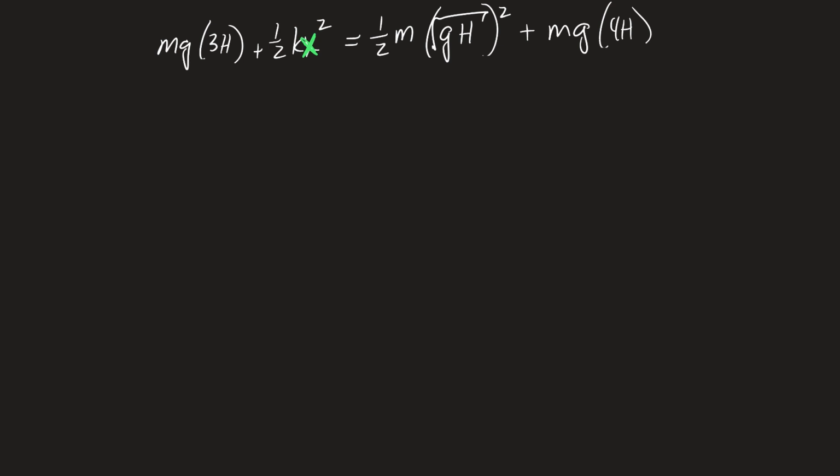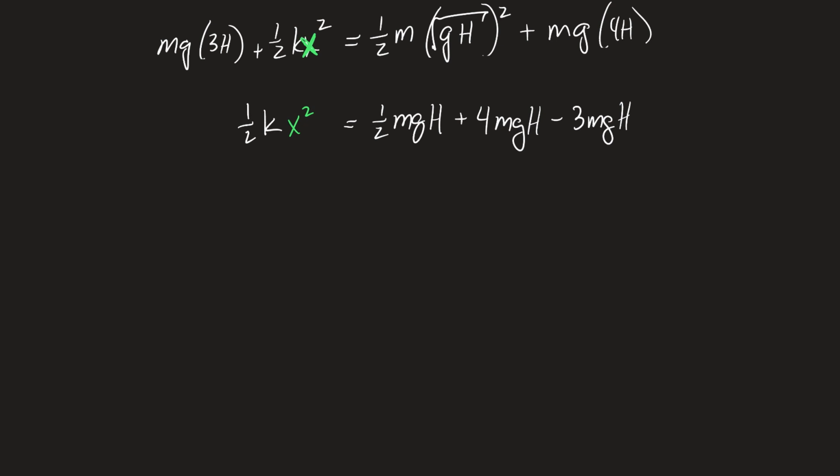If you wanted to get this last point, one of the things you have to do is be good at doing your algebra. I'm going to get 1/2 mgh plus 4 mgh minus 3 mgh. Just going to bring that over to the other side. And that's going to be 1/2 k x squared.